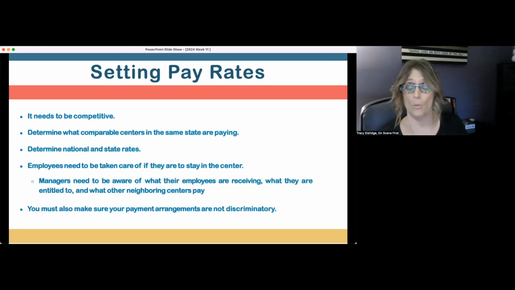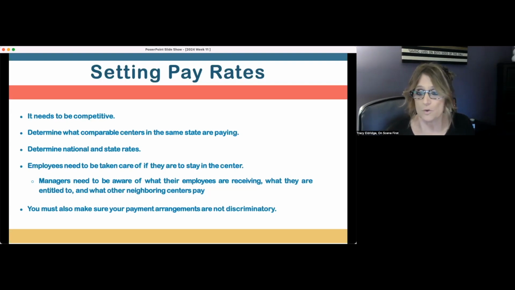They need to be aware of what the employees are receiving and what they are entitled to and what other neighboring agencies pay. I've watched folks walk right out of one center and into another because the pay is considerably higher in a neighboring town, similar in size, etc.